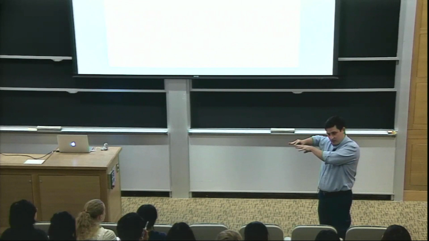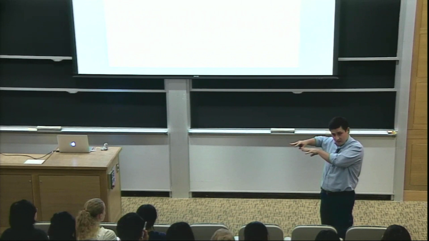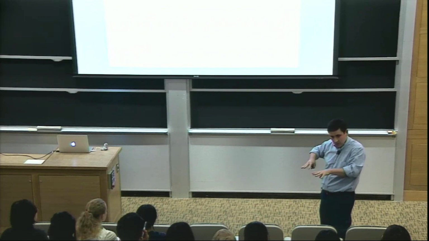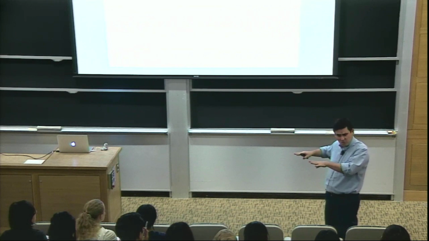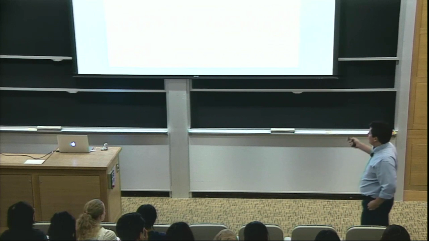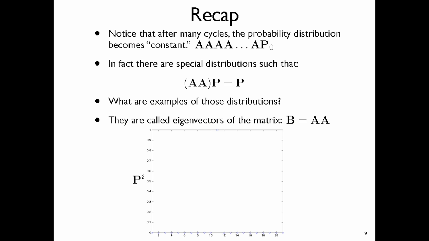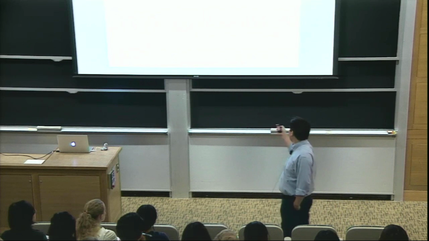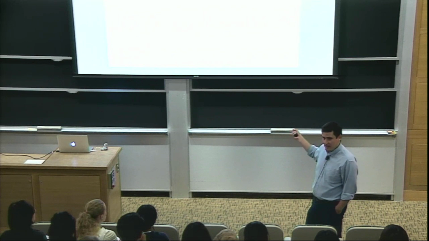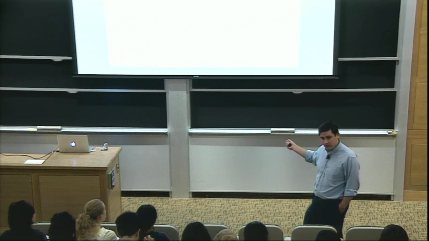That's one multiplication by it. It all gets spread by 50%. And at the next multiplication, everything gets spread by 50% again, and I recover the same distribution that I had before, this uniform distribution. That's a special distribution for which A times P is equal to P. This distribution is one of the eigenvectors of this matrix A. It's a particular vector that when I multiply it by this matrix A, I get that vector back.